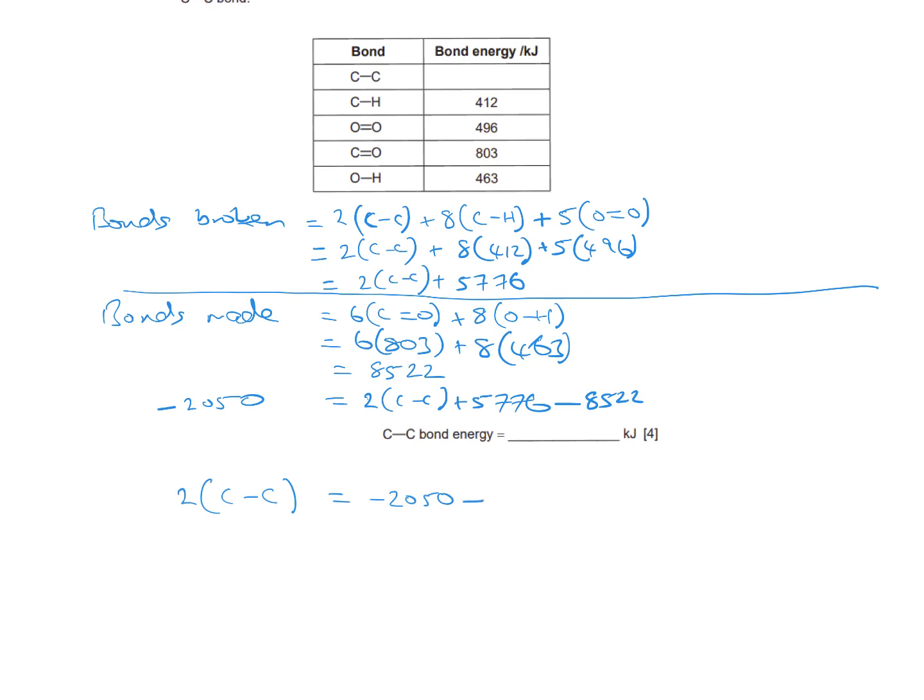That's going to be minus 5776 plus 8522, which equals 696. Now remember, this is for 2 carbon-carbon bonds. So for the final answer, I've got to divide this by 2. So the carbon-carbon single bond would be 348, and that is the answer.